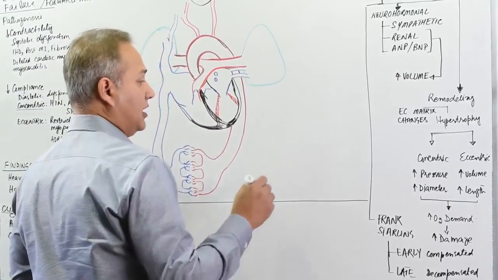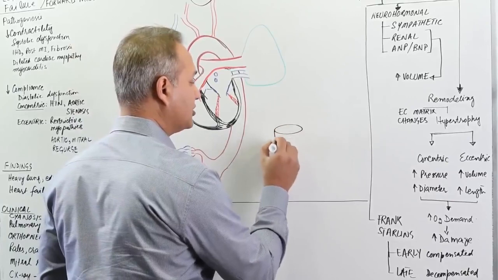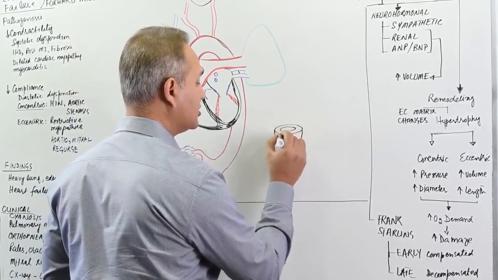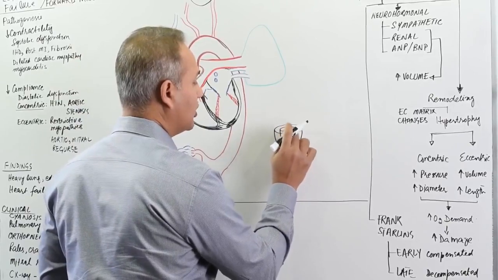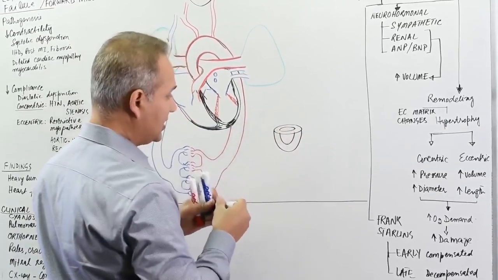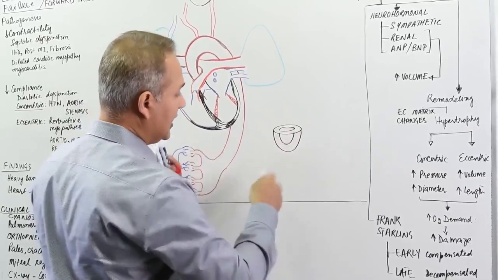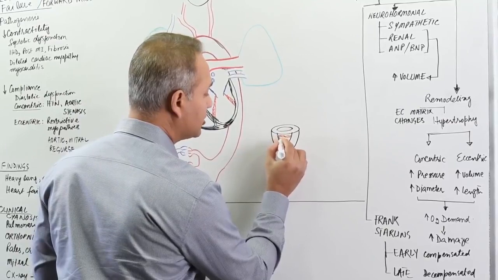So look, let's make a normal ventricle here. This is a normal ventricle, and let's say the way this ventricle is working is that blood comes into the ventricle and it fills up to a particular amount.